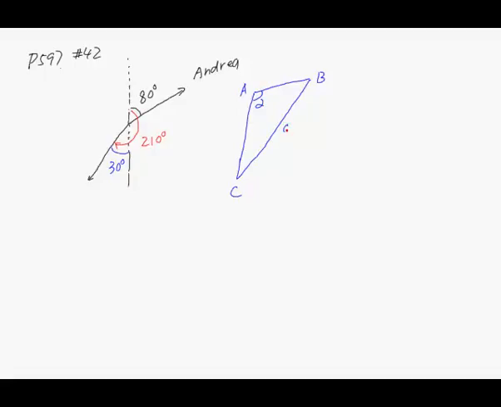And then this is the length A, and then this length C. And we know length C should be equal to 180 times 3 miles, because Andrea flew at 180 miles per hour and for 3 hours.